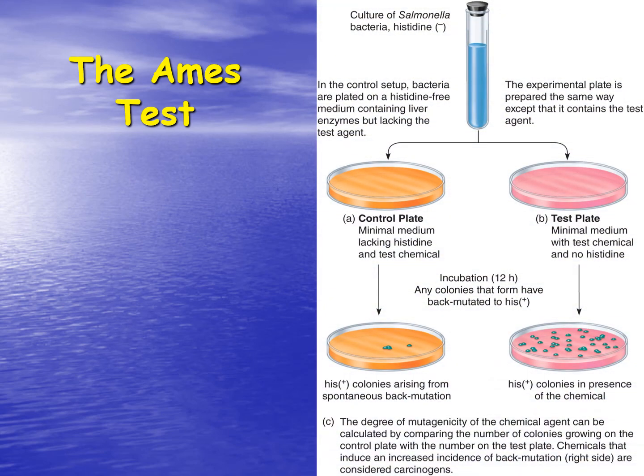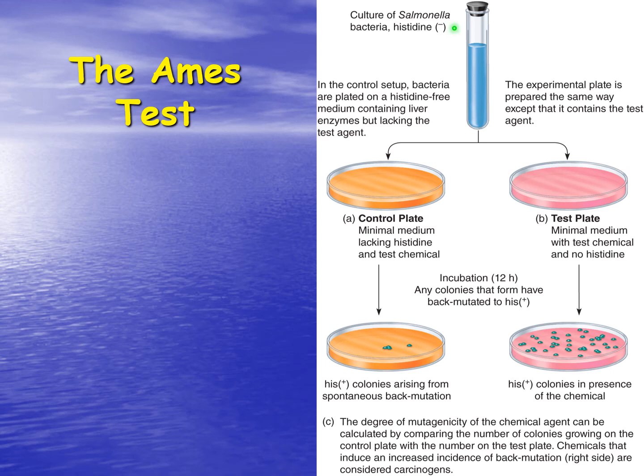We use actually a specific type of mutant salmonella, and this is a salmonella that is histidine dependent, meaning that this particular salmonella cannot make its own histidine like the wild type of salmonella can.